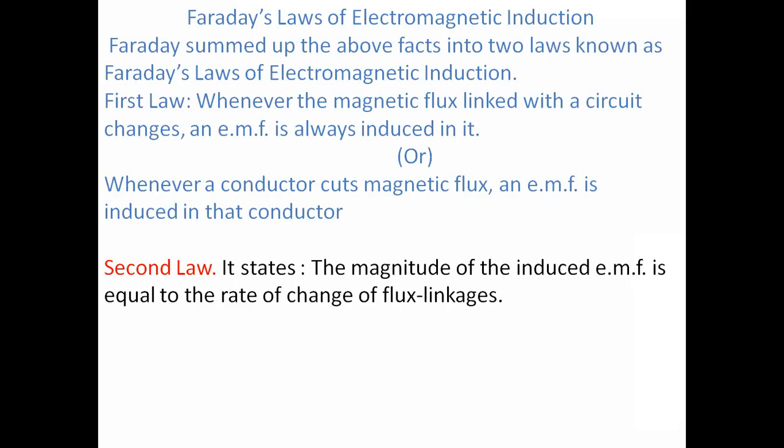How much EMF will be generated, or the magnitude of the induced EMF, is equal to the rate of change of the flux linkage. How these flux linkages change with the conductor, based upon that, the magnitude of the EMF will depend.